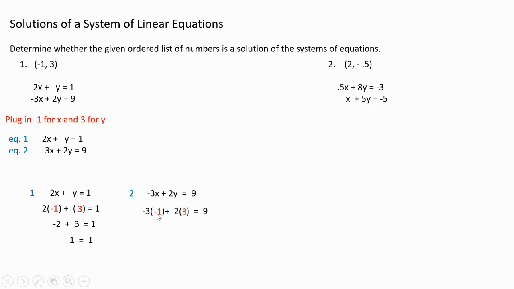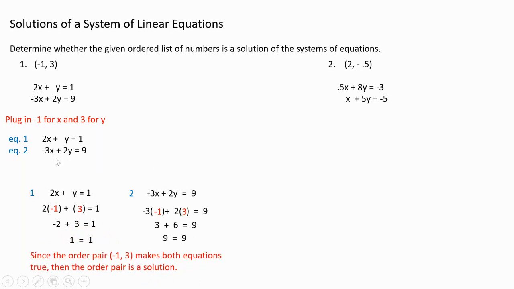After I simplify the left side of the equation, it should give us 3 plus 6, so 3 plus 6 equals 9. So 9 equals 9. That means that this point, (-1, 3), is a solution to the system of linear equations. It makes both equations true, so the ordered pair is a solution.